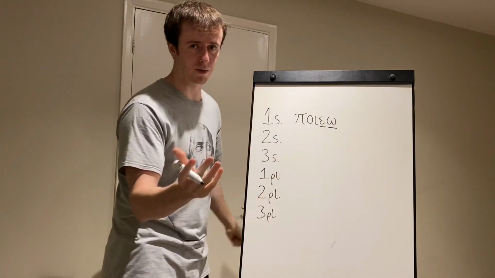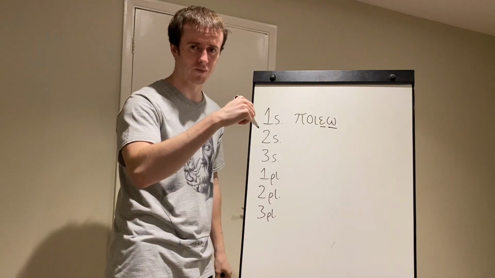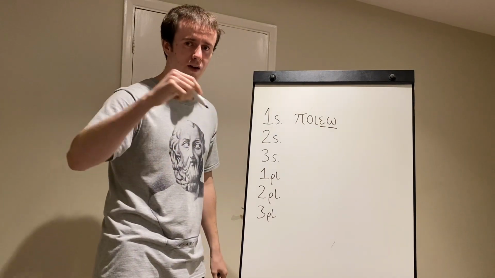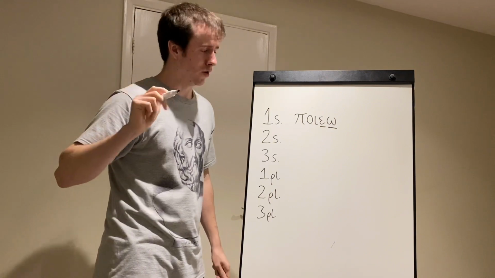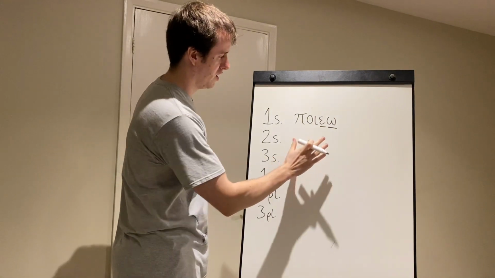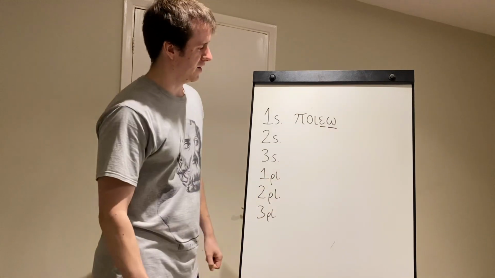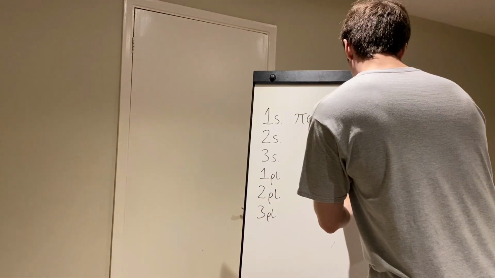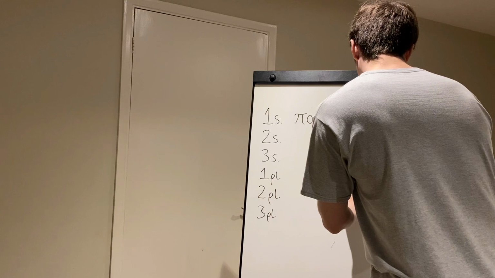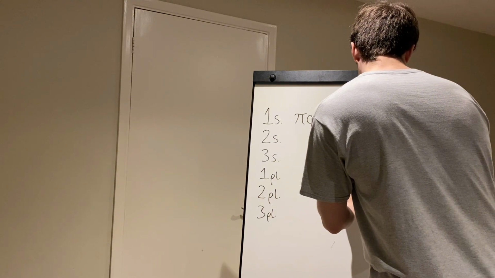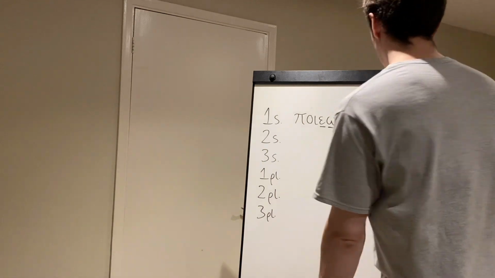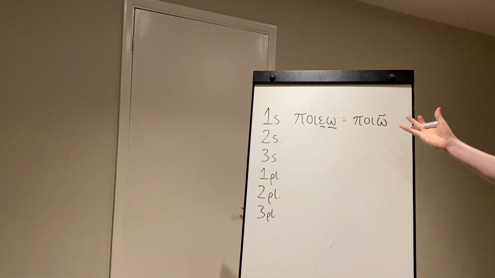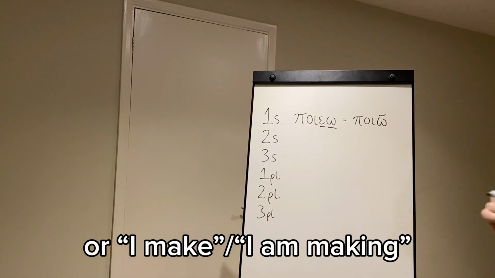So, to use your table, you would look at epsilon in the far left column and then follow it along until you meet omega in the top row and see which vowel this makes. If you did that, you will have found that epsilon plus omega makes omega. So poieō makes poiō, which means I do or I am doing.